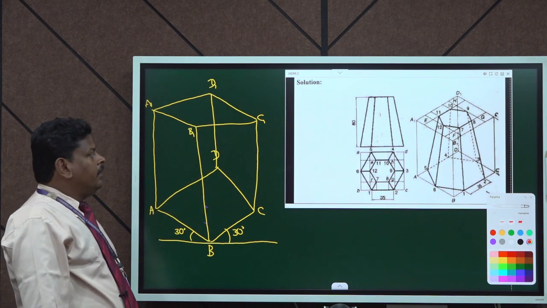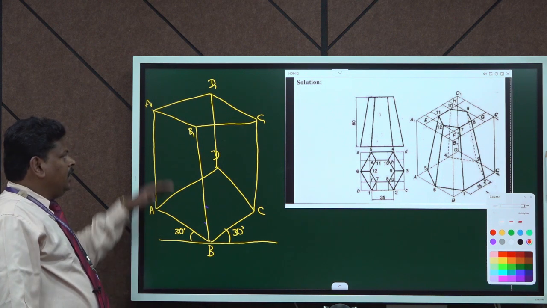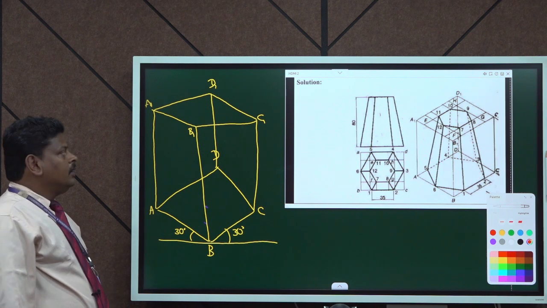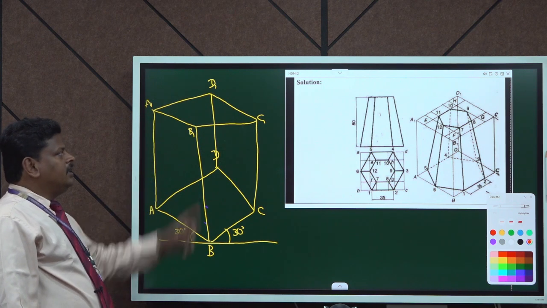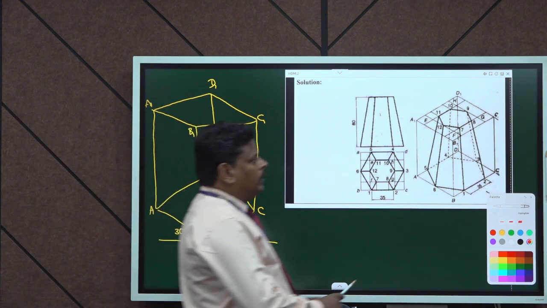So at the top we have named the same box, having an altitude of 80 mm, with A1, B1, C1 and D1 as we have drawn it over here.